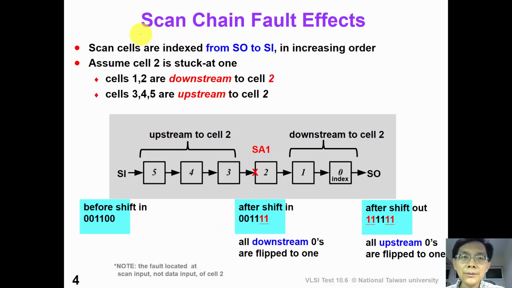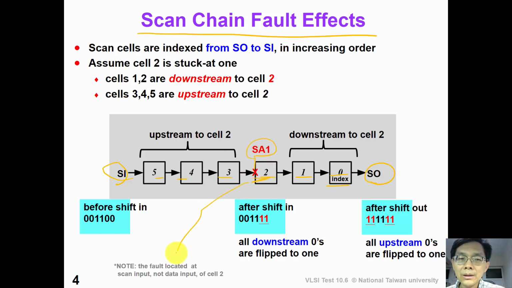Now let's see the effect of a faulty scan chain. Typically, a scan chain is indexed from scan output to scan input in increasing order. The numbers in the squares are the indices of scan cells. Suppose that we have a stuck-at-1 fault at the input of scan cell 2.